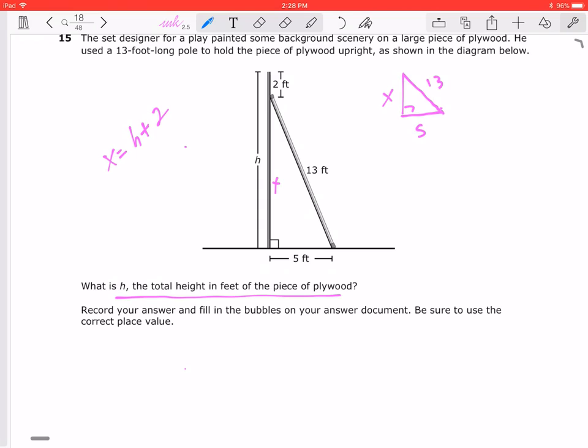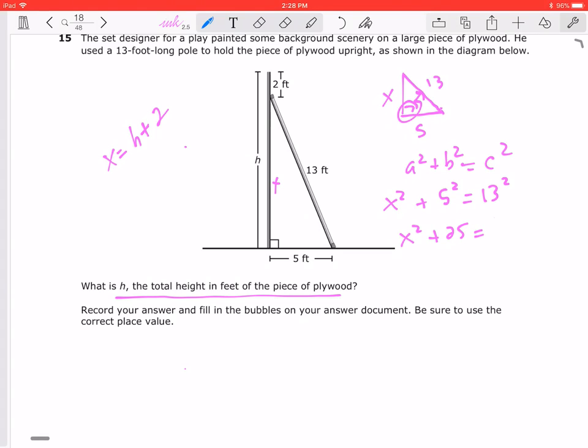Because I have a right triangle, I know I'm going to use the Pythagorean Theorem: a squared plus b squared is equal to c squared. I'm looking for one of my legs. The hypotenuse is across from my largest angle, so that's going to be my c. So 13 squared is equal to 5 squared plus x squared.